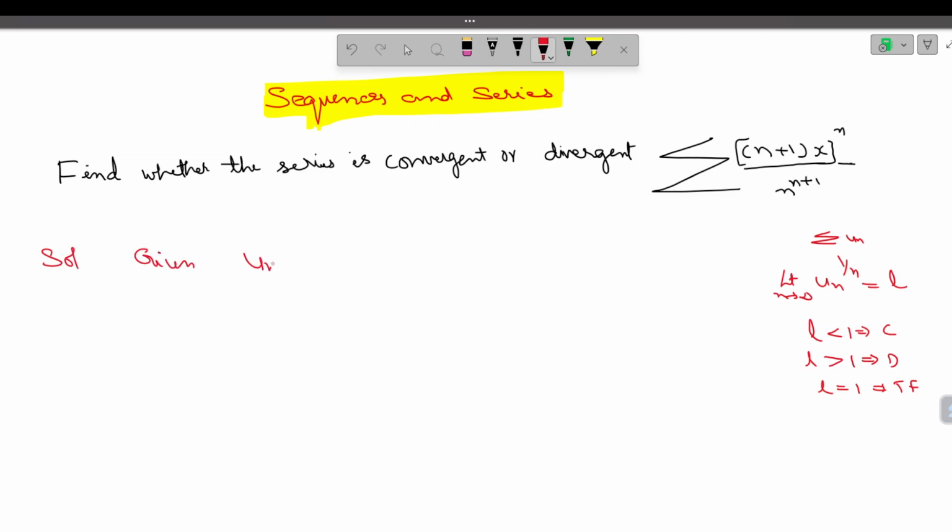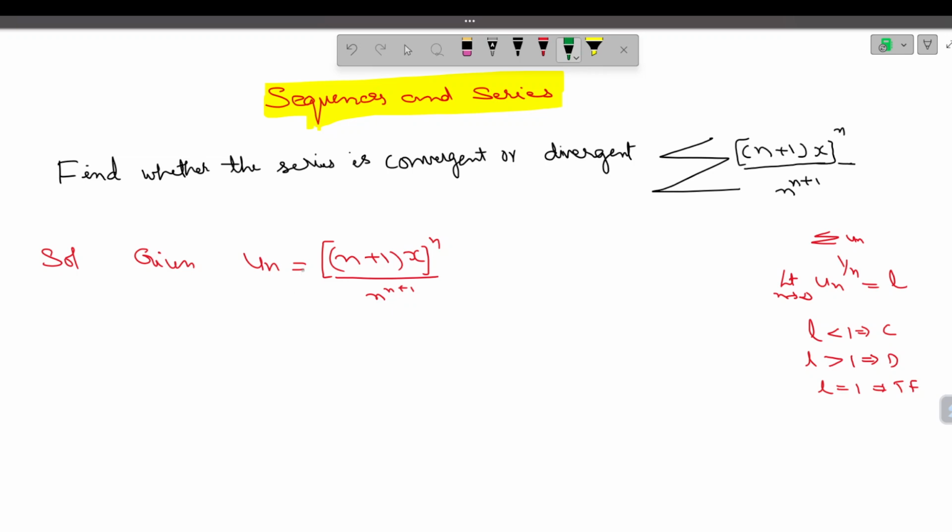So what is given? Let un equal to (n plus 1) into x by n to the power of n plus 1, this whole to the power of n. Now raising both sides to the power of 1 by n.